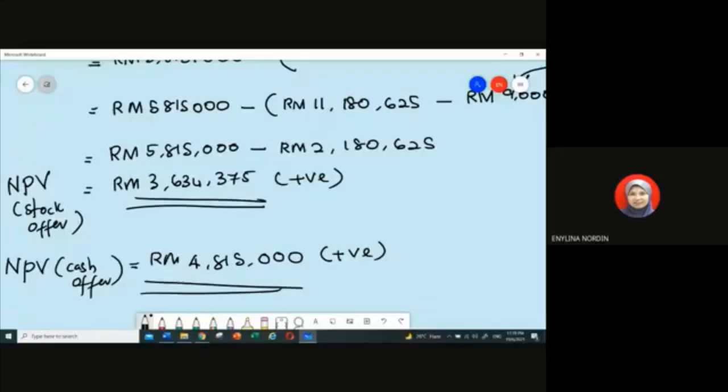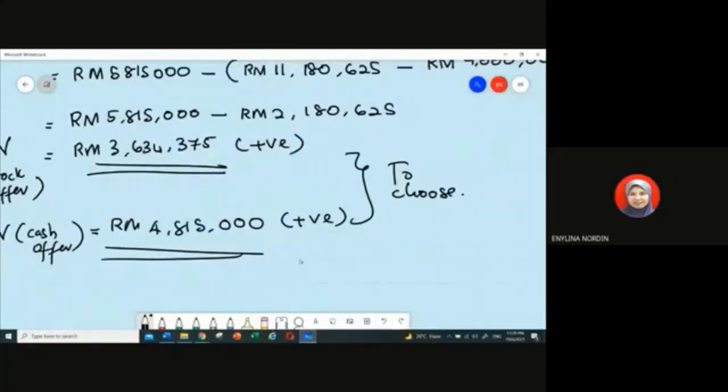But if the question asks you to choose which one the acquirer, Keramat Berhad, should use, stock offer or cash offer, that means which one is more profitable to Keramat. So it's going to be cash offer, because cash offer is going to give more profit from this acquisition.